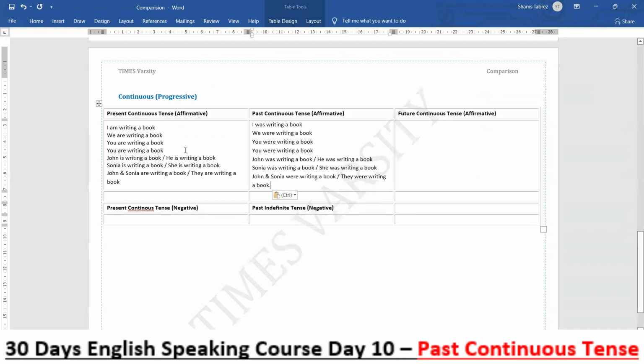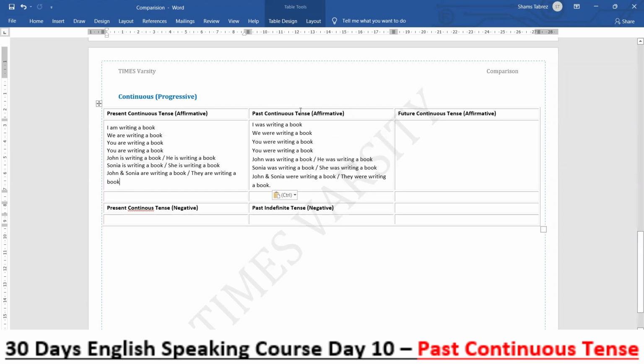All right. So you see, in present continuous affirmative, the sentence was I'm writing a book. The helping verbs am, are, and is, these three helping verbs are used in present continuous tense. But the verb remains the ing form of the verb.